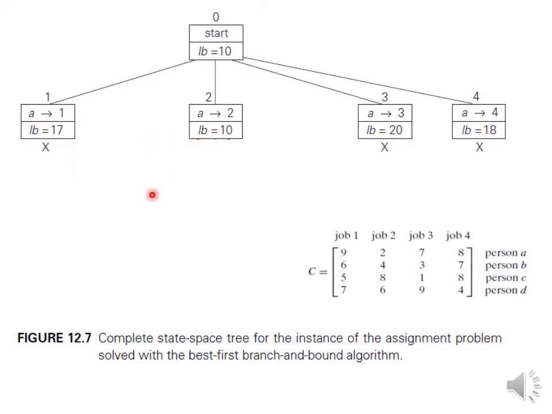Similarly, if we expand this node further, the minimum cost we can get is 10. Here it is 20, here it is 18. Among these 17, 10, 20, 18, the best one is the second node. So let us select this and expand it.